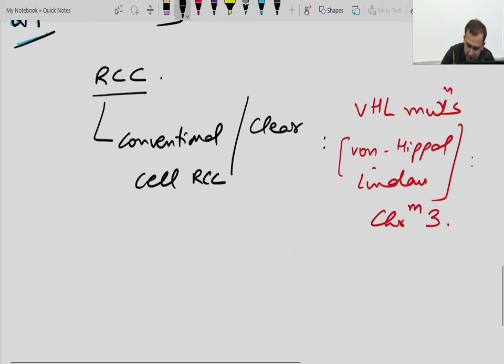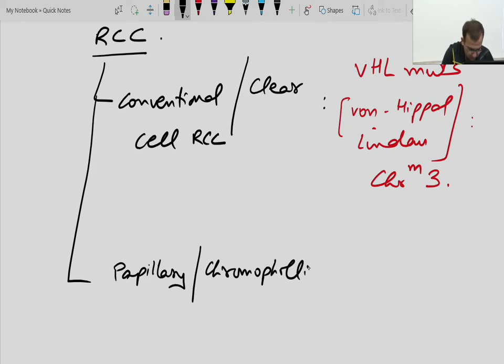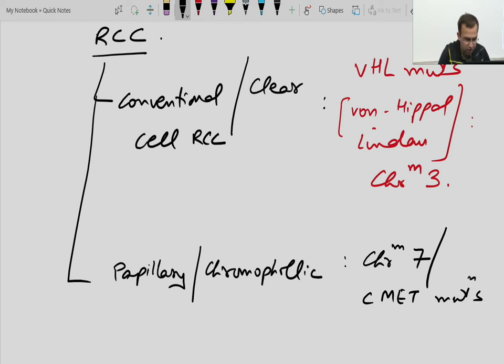Next RCC is the papillary or the chromophilic RCC, which is associated with chromosome 7 or CMET mutations.